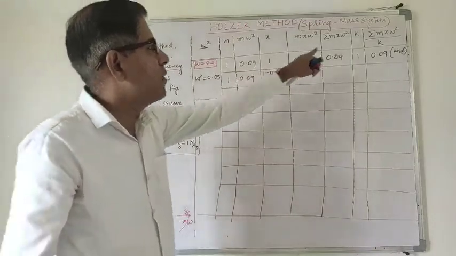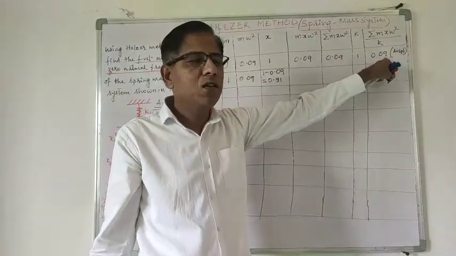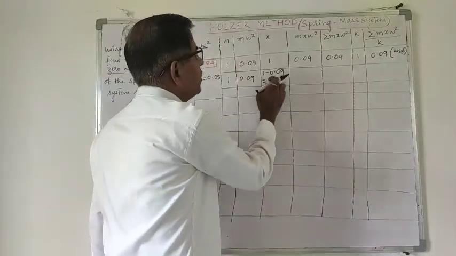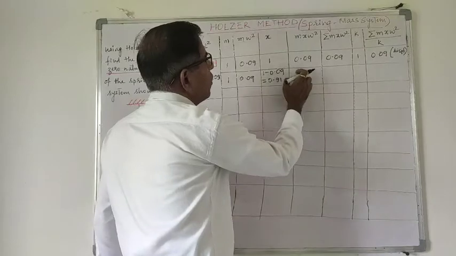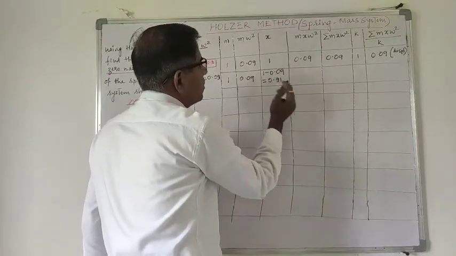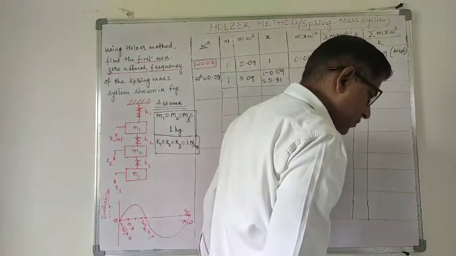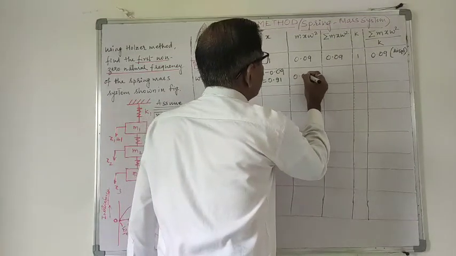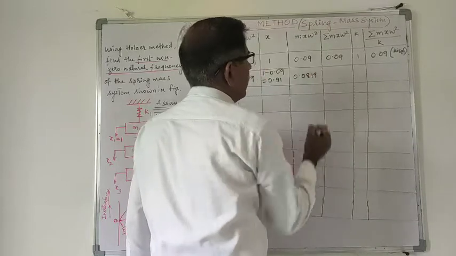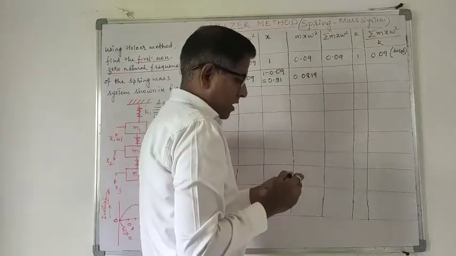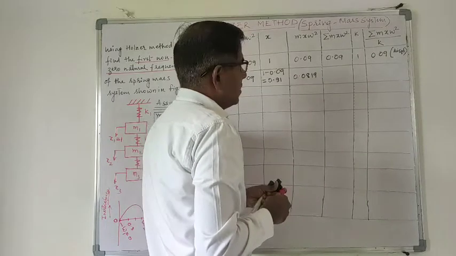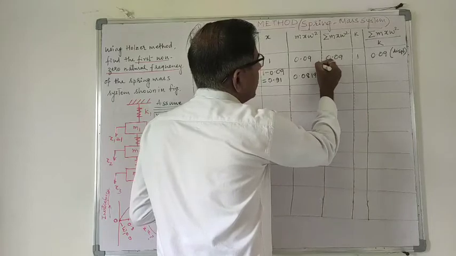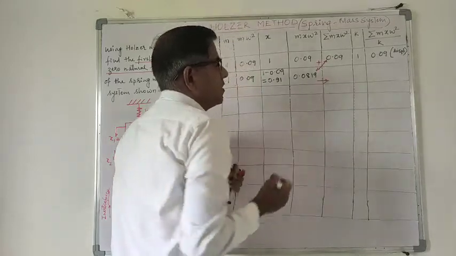Okay, so this is the previous value minus the last value of the column, so this is the new displacement value. Now multiply this one and this one, so the answer is 0.0819. Then the sum. Now here this is a cumulative value, so that means these two values are added together and written down in this place.